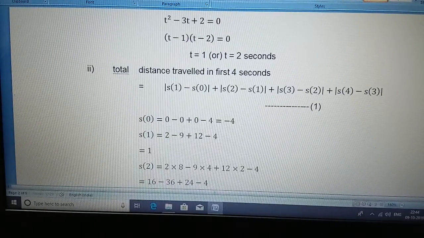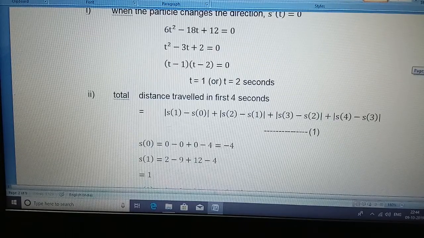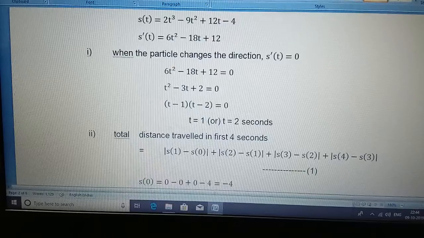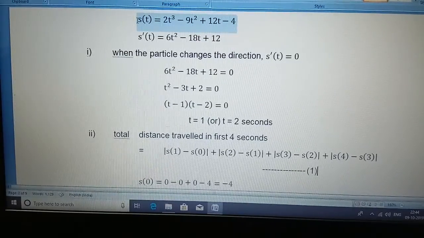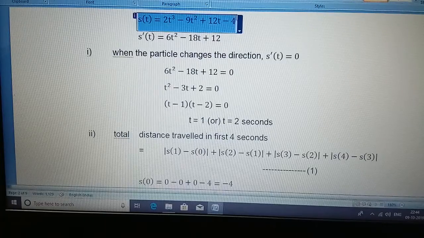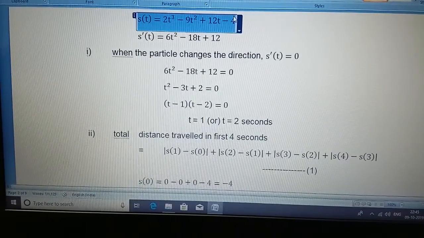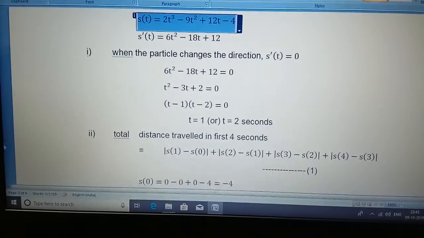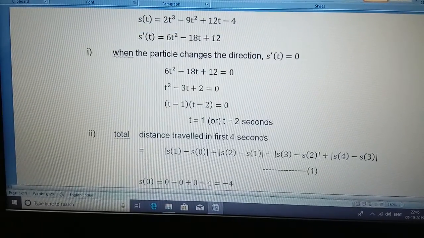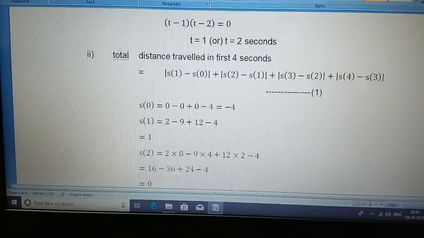Now how do we get S of 1, S of 2 and so on? You are already given S of t equal to 2t cube minus 9t square plus 12t minus 4.